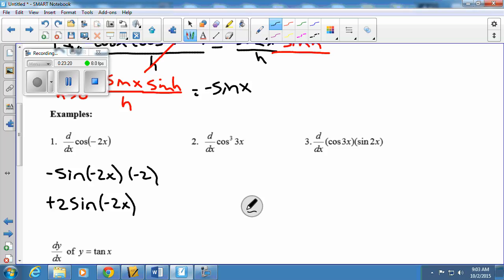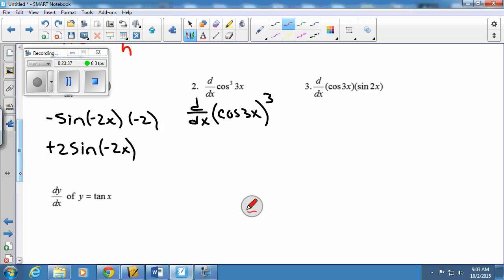If I was going to do the next one, I would do a rewrite on it. I wouldn't take the derivative as it looks there. I would rewrite it. Say it's cosine of 3x quantity cubed. So take the derivative, and what do you get? Careful. Power down, times.